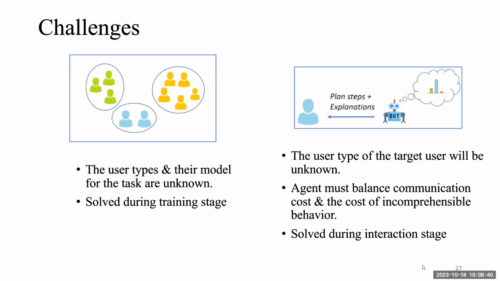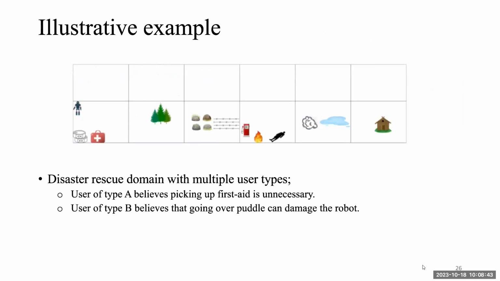For example, it could be just saying that the reward for going into a state that has a puddle is essentially 0. So this is the kind of explanation we want to give to user type B, which believes that actually the reward for going here is negative. So we want to give that explanation to this user. Okay, so they know going on the puddle is fine.